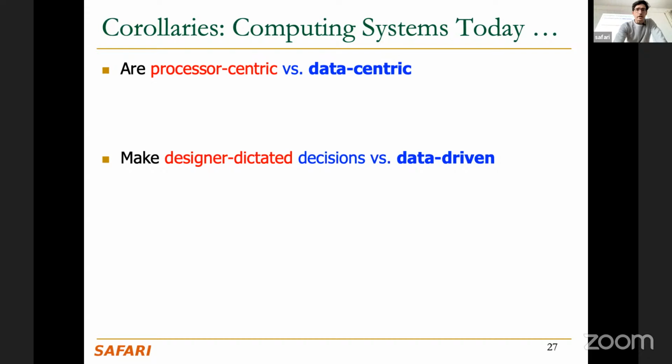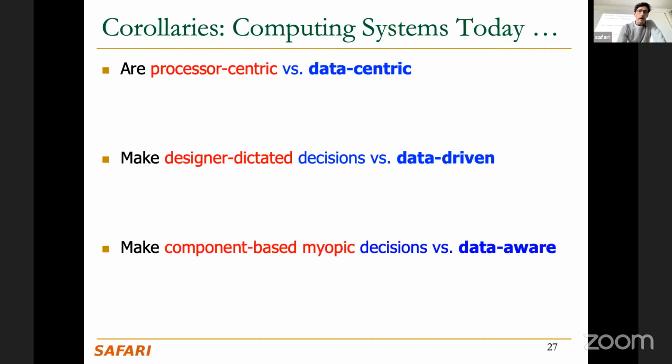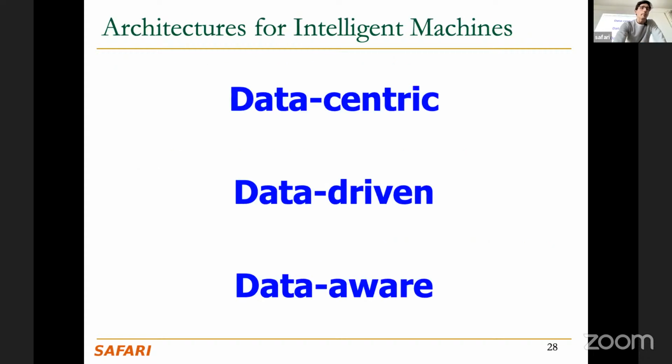They are made based on designer-dictated decisions instead of data-driven, and they are also based on component-based myopic decisions instead of data-aware decisions. So the key ideas to build intelligent architectures, intelligent machines, is to make them data-centric, data-driven, and data-aware. And we are going to talk about at least one of these three pillars in today's lecture.